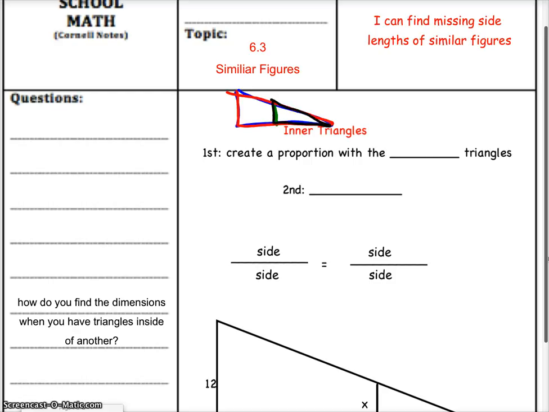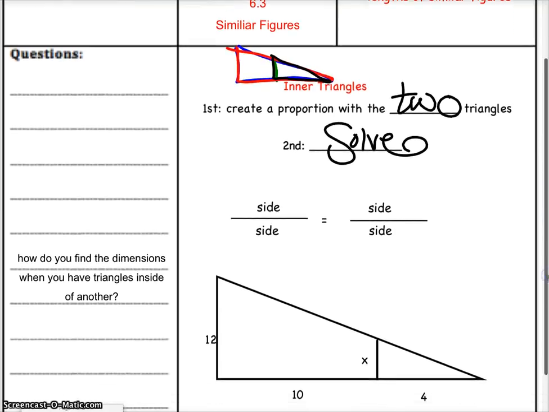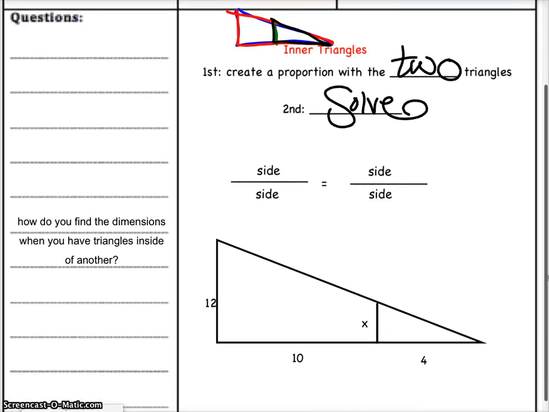Can you visualize the two triangles? Can you see them? Can you imagine pulling them out, separating them? So what you're going to do is create a proportion with the two triangles, and then solve. And again, I've created that little generic skeleton for you. Side is to side as side is to side, whatever side you choose to use to create it.